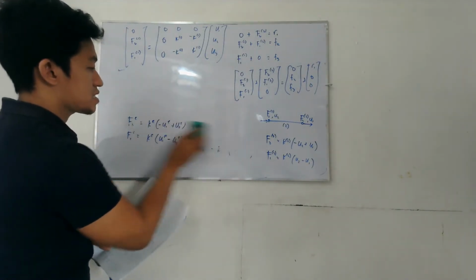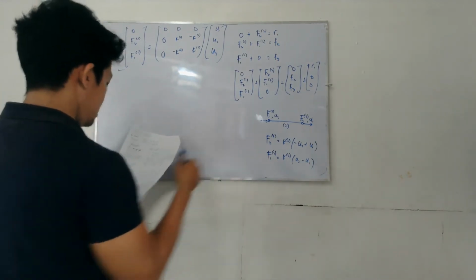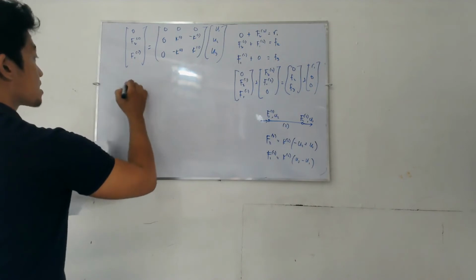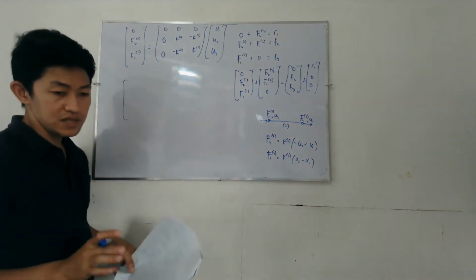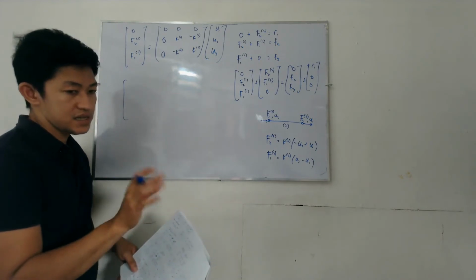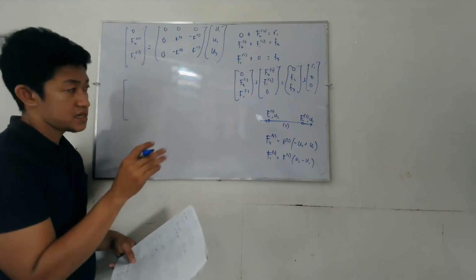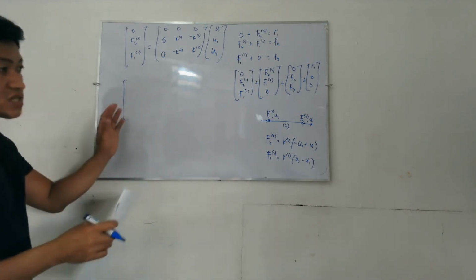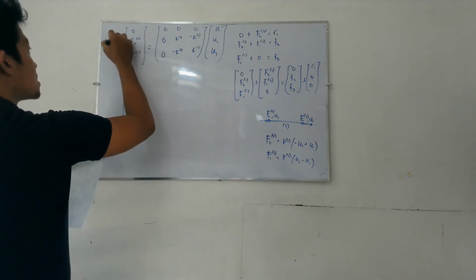So why do we augment? Take note, the objective here is the process. First is to determine the equation of the single element. So this is the equation for element 1.